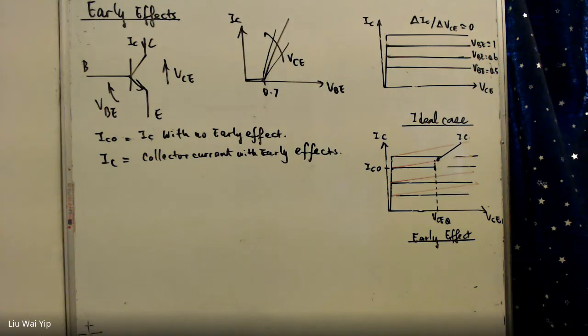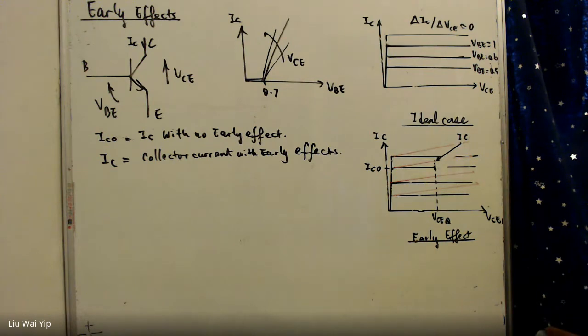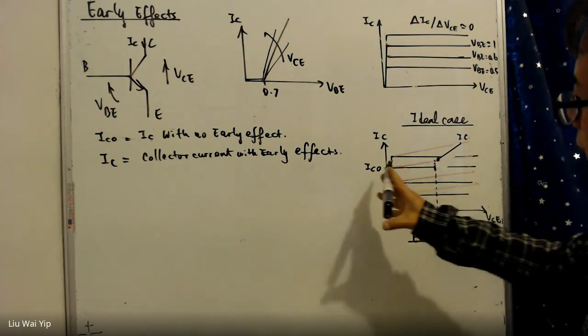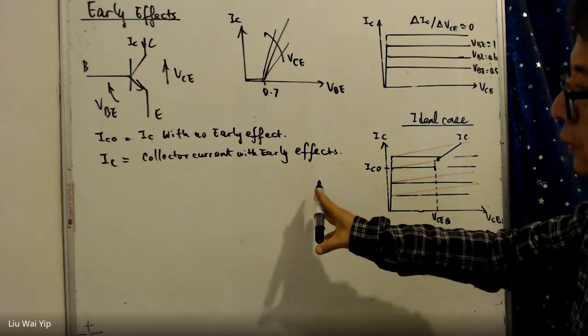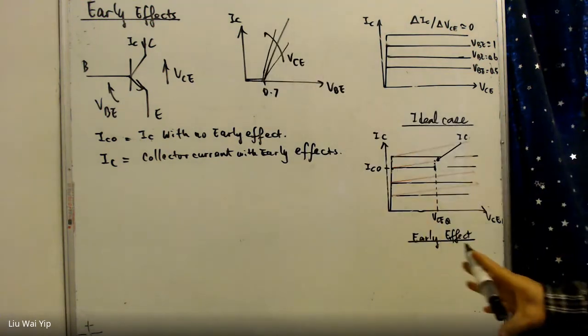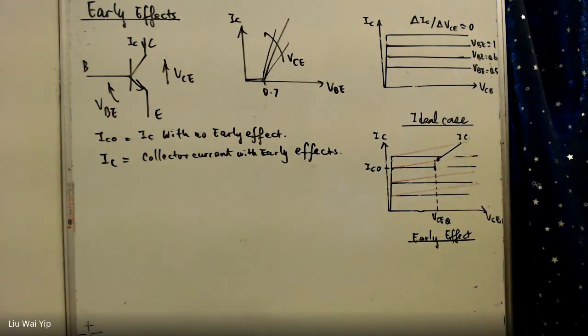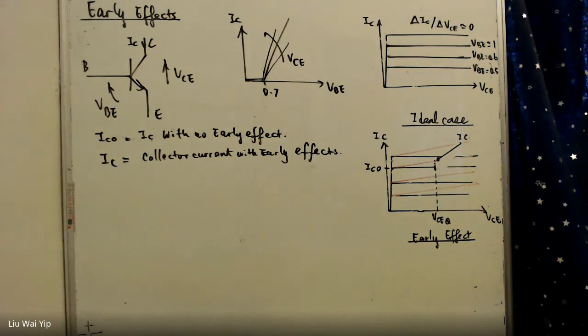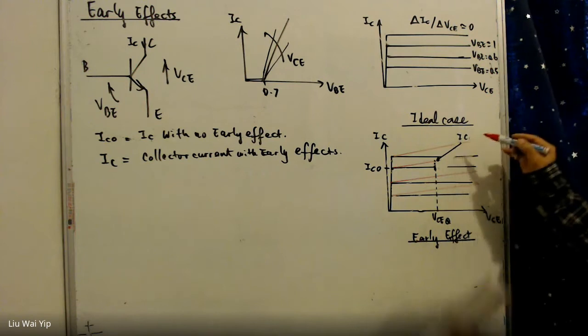So at that time, Early was a scientist who discovered this effect. And he didn't name anything like this. He didn't specify any variable with his name or surname. Instead, he just did something very simple. He extended this slope region.